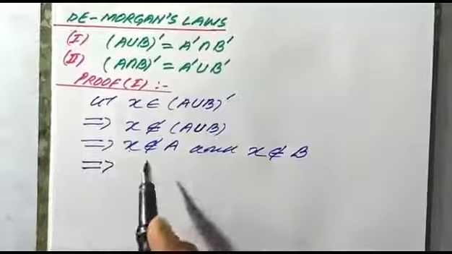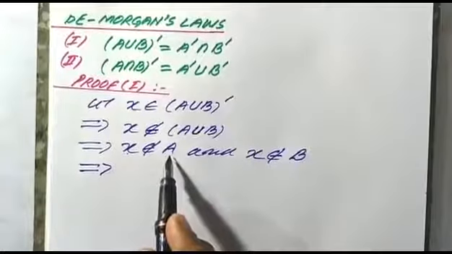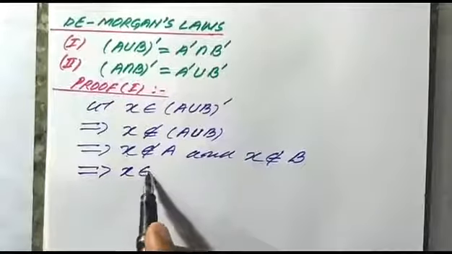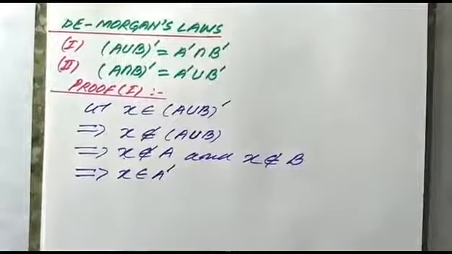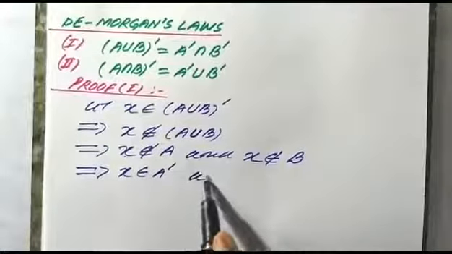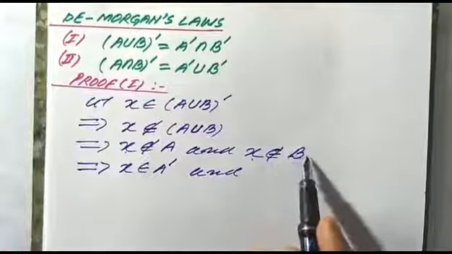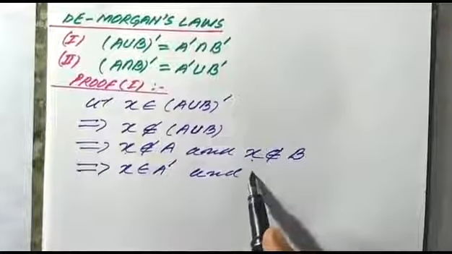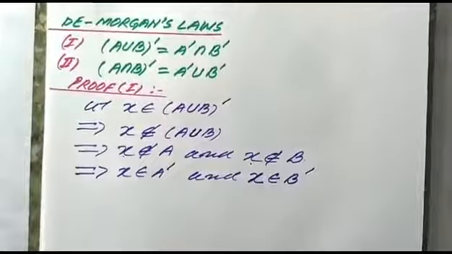Now as you see, if X does not belong to A, X must belong to A complement, and if X is not an element of B, X must be an element of B complement. So X belongs to B complement.